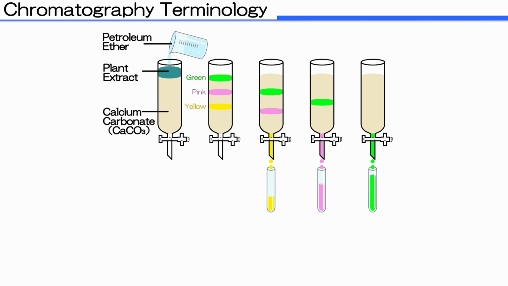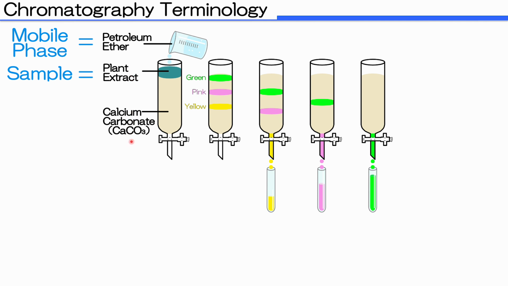And I will explain the chromatographic terminology from Tswett's experiment. The plant extract can obviously be paraphrased as sample. And petroleum ether can be described as mobile phase.